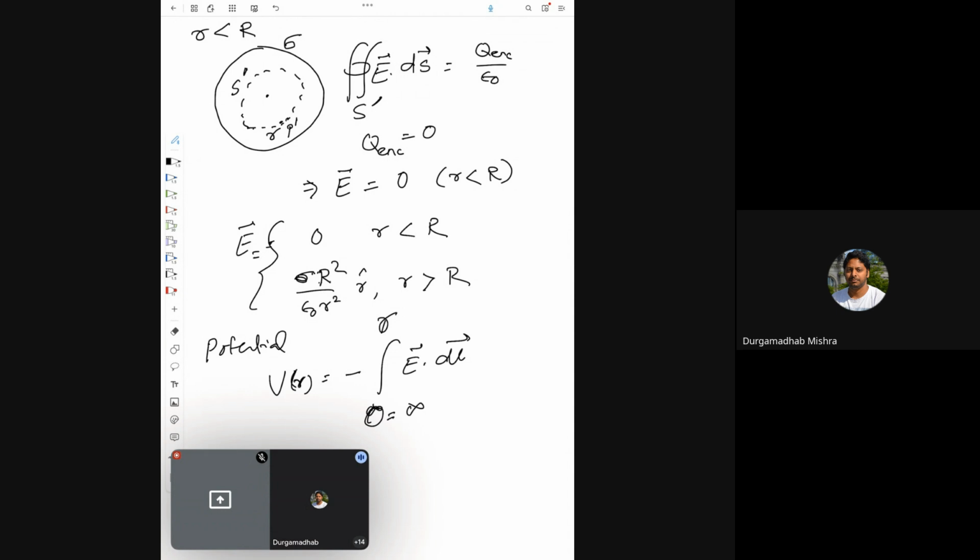This is one of the convenient things we use in electromagnetism, so that most of the time the potential will be 0 at infinity.